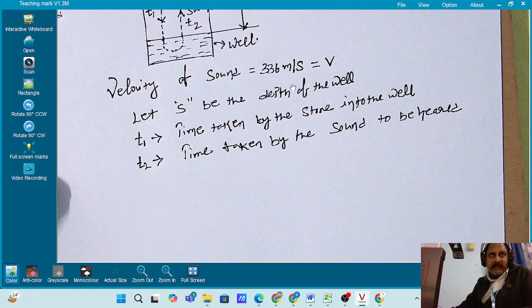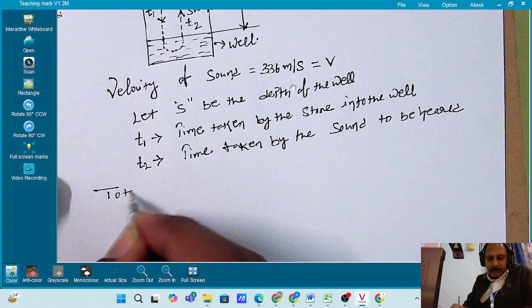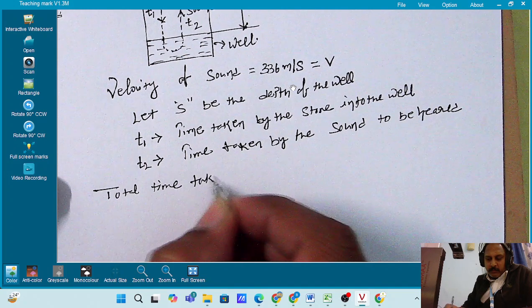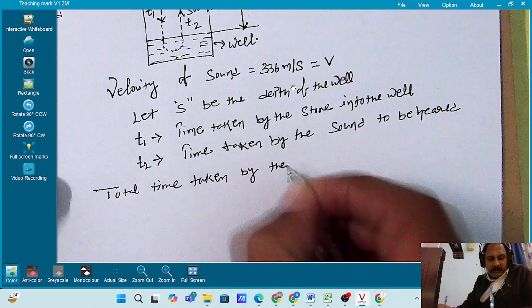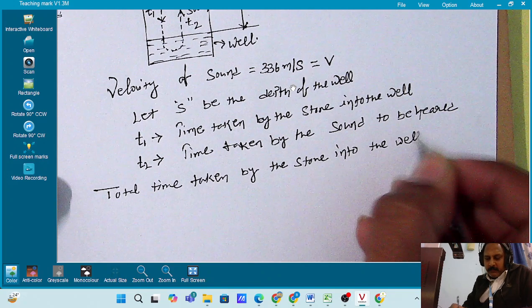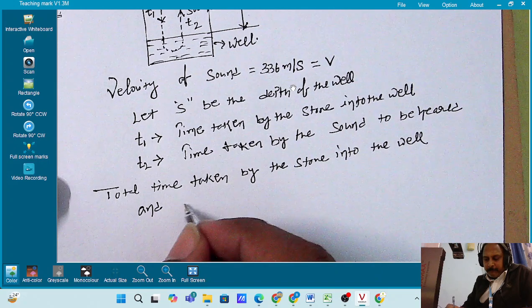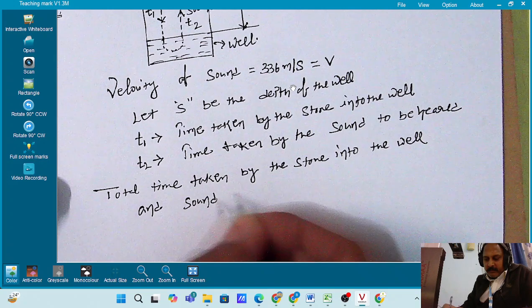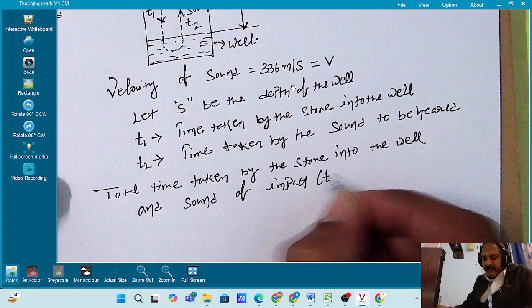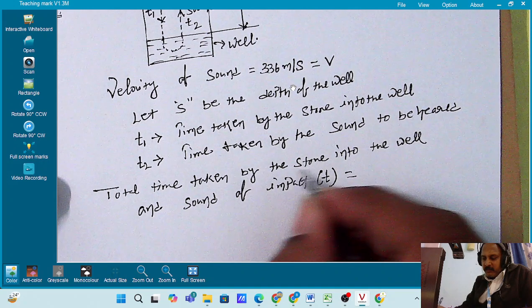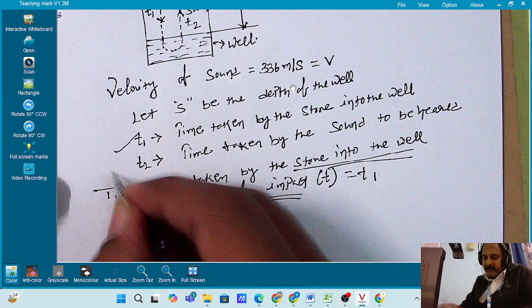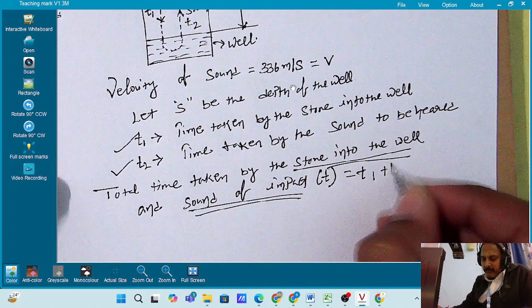So from that information, the total time taken we can take as t. The time taken by the stone in the well is t1, and the time taken by the sound of impact to be heard is t2.